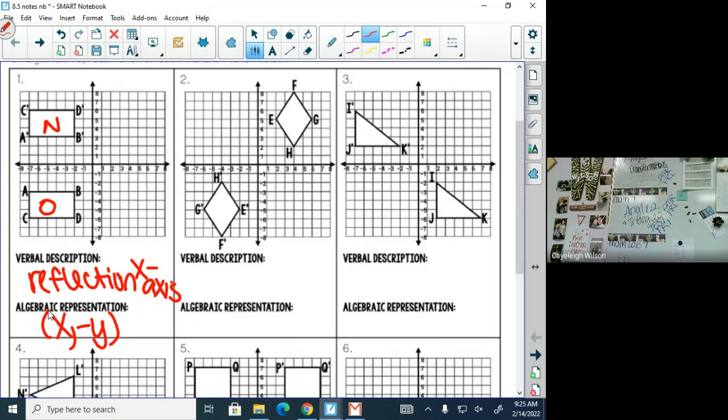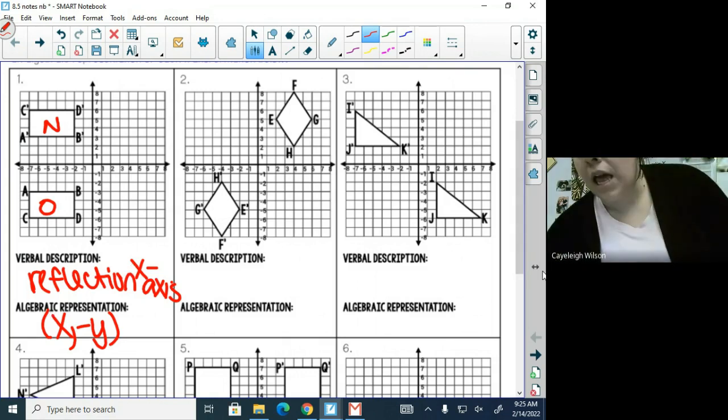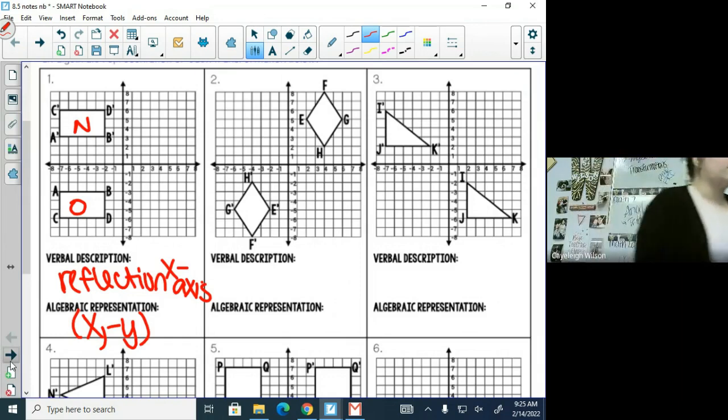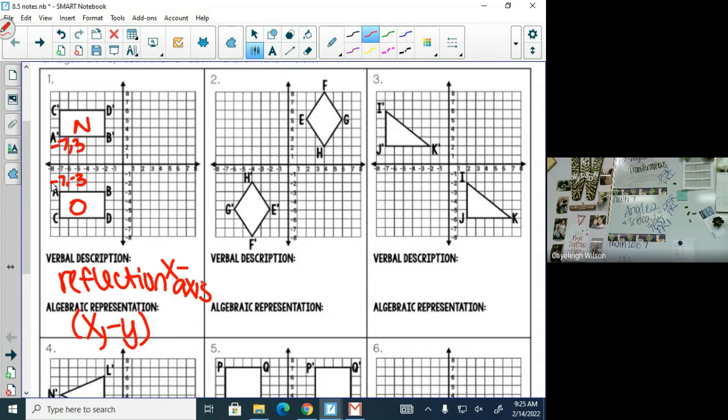That's coming directly off your paper. If you don't know how to read your paper, something else you could do is look at all the ordered pairs. Like this is -7, -3, but this A is -7, +3. So the x is the same, but the y is opposite. If you didn't have your paper, you could do that.